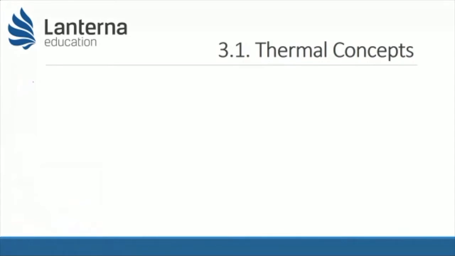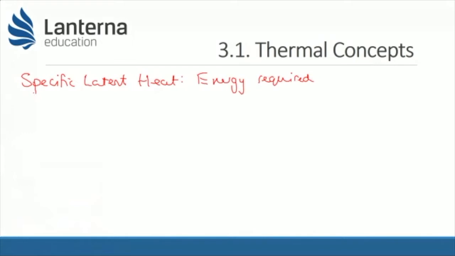That's just a word that scientists use, which I wouldn't worry about. But anyway, specific latent heat refers specifically to a phase change. So it's the energy required. And actually, a very useful tip, whenever you see the word specific, that always means per unit mass.